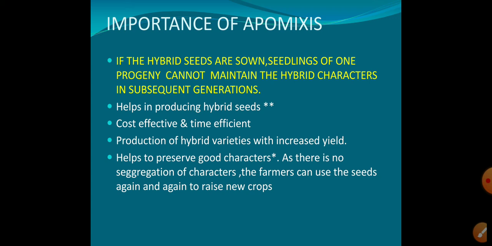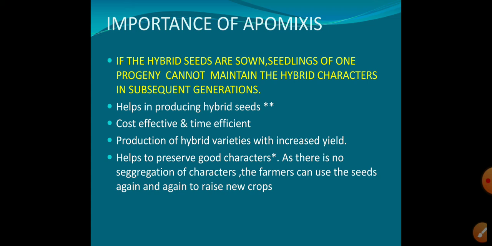But if the apomictic property is introduced when the hybrid seeds are made, you can just rely on this. Farmers need not go and buy the hybrid seeds every year, because here it is only mitotic division and no segregation of characters will happen.